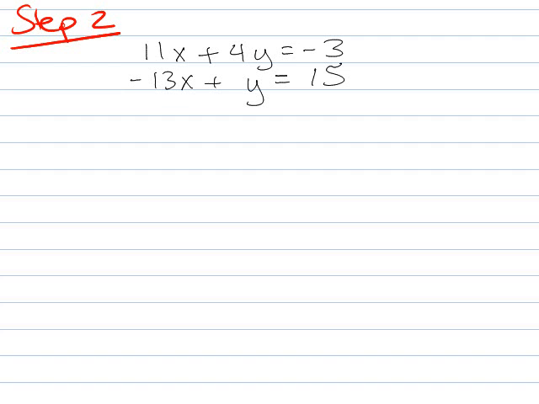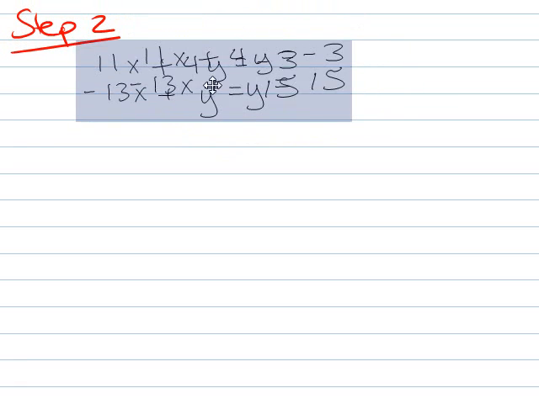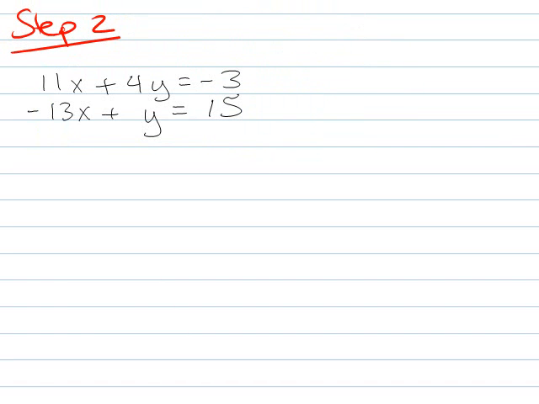So now I can solve by addition again. I can say, well, if I multiply the second one times negative 4, right? If I multiply the second one times negative 4, that should do me some favors. So 11x plus 4y minus 3.